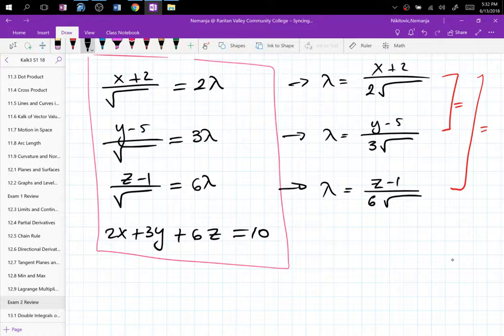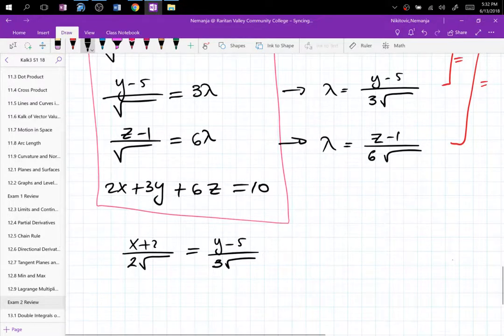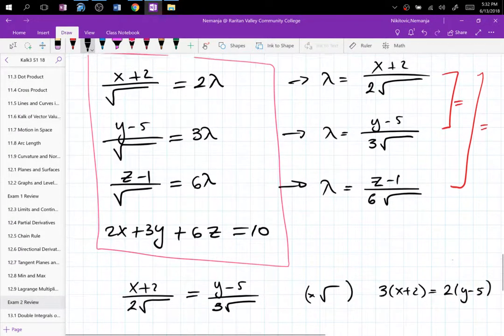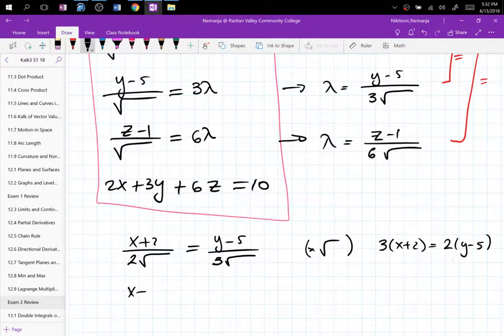So what do I get? (x plus 2) over 2 times the square root is equal to (y minus 5) over 3 times the square root. As you multiply the whole equation by the square root, it dies, and what you're left with is 3 times (x plus 2) is equal to 2 times (y minus 5). Then we equate the first and the last: (x plus 2) over 2 square root is equal to (z minus 1) over 6 square root.